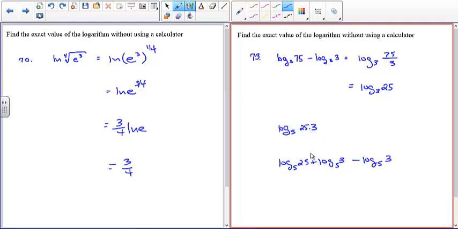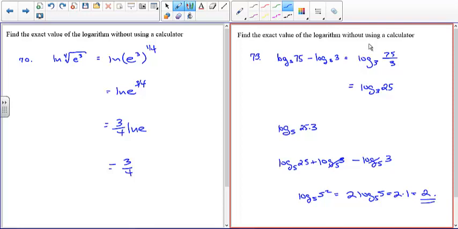So I've broken this up, and these cancel out. So I get the log to the base 5 of 25, but 25 is 5 squared. So you bring 2 out, so you get log to the base 5 of 5, which is 1. So you get 2 times 1, which is 2.